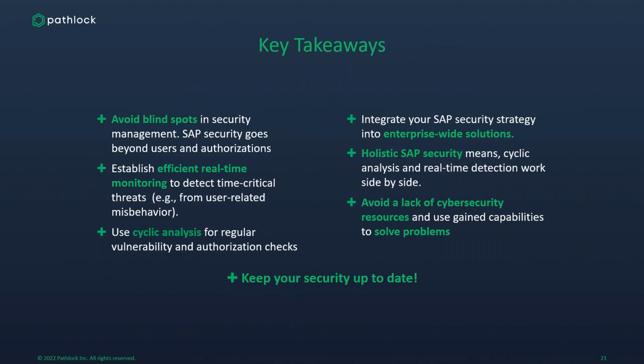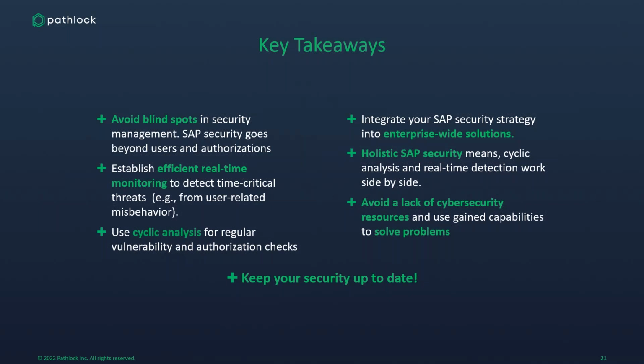To put the pieces now together, some key takeaways if you want to go in the direction of hardening. First of all, avoid blind spots in security management. SAP security goes far beyond users and authorization.